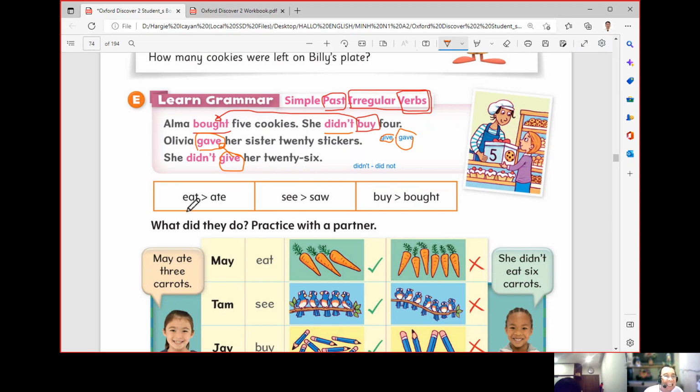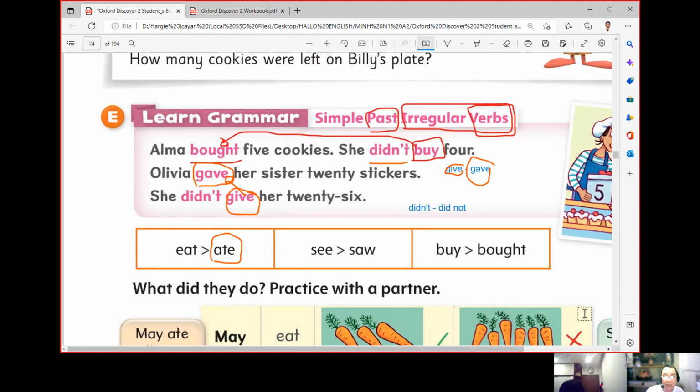Now, try to look at this one, Min. The word eat is in the present tense. To make the word eat in the past tense, it becomes ate, okay? Now, we have to use that in a sentence. For a while I have to make this one bigger so you can see it.